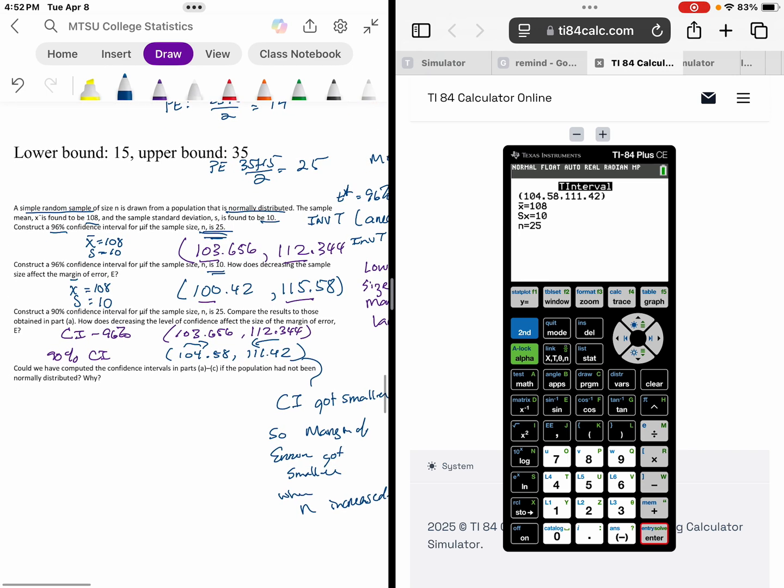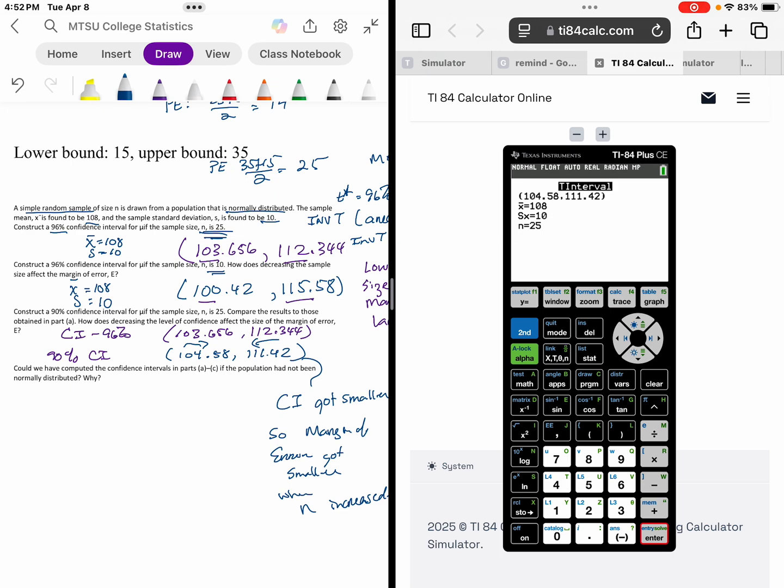So could we have computed the confidence intervals in A through C if the population had not been normally distributed? Why? No, we probably shouldn't have, because since all of our sample sizes were less than 30, we would need to go through and actually look at the data, see if we have any skewness, any outliers.